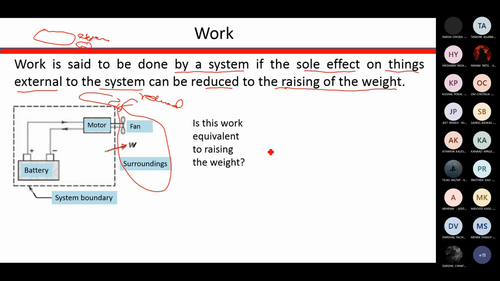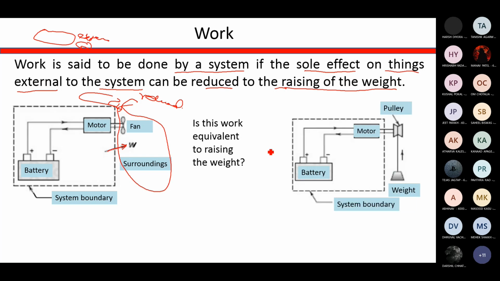So it means we have to replace this fan arrangement with another arrangement where we can raise the weight. If you look at the diagram on the right hand side, we replaced this fan by a pulley and weight arrangement, right?